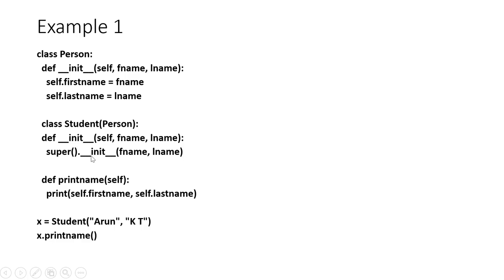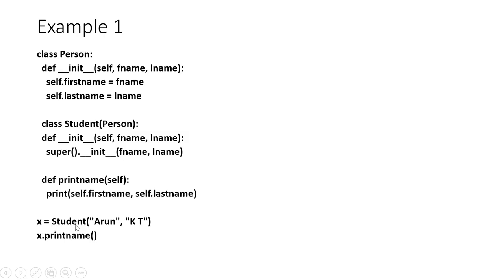Here is the super. When I create an object of this child class, it automatically passes these parameters to its base class, since the value assignment is done inside the base class. That is the use of super. Here I have created the object, namely x equal to student, passing the first name and last name.